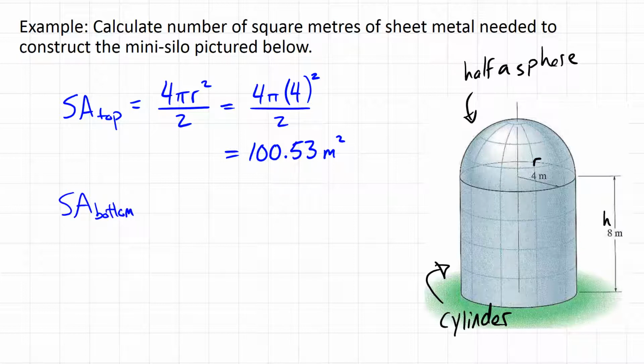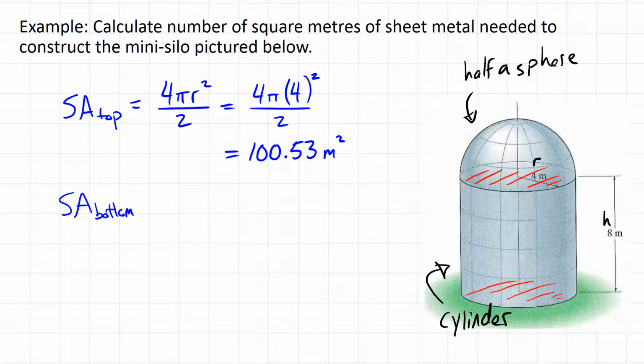And now we can do the surface area of the bottom, and this is that cylindrical side. We don't need a top because the top here is going to be open between the cylindrical base and the spherical top, and we don't need a bottom to cover. That'll probably be some other material, or maybe it's ground. Well, it's probably not going to be if it's a silo, but it's going to be some other material and not that sheet metal.